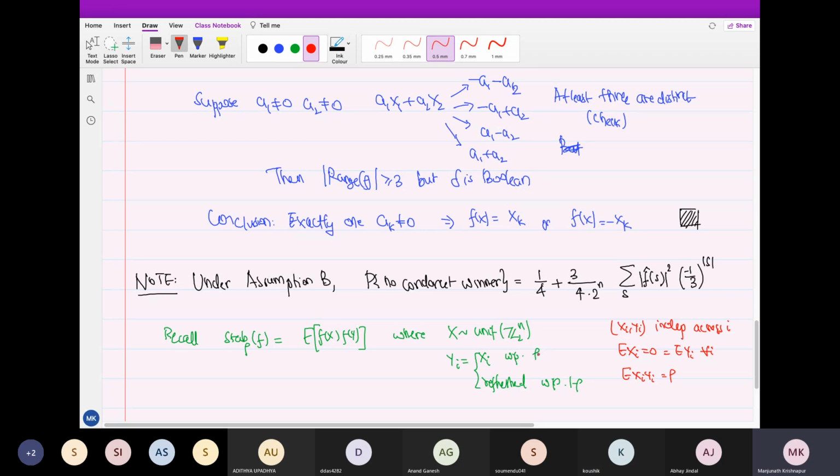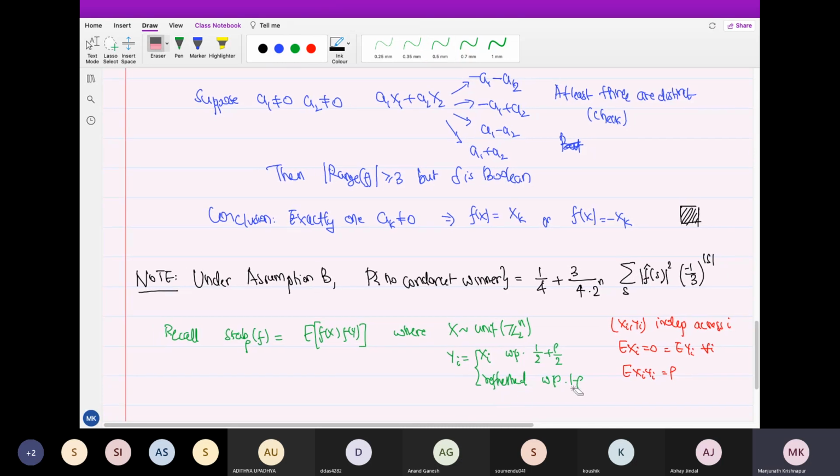Actually, it doesn't make sense because rho can also be negative. So that suggests what it must be. Let's see: is it half plus rho by 2, and half minus rho by 2? Does that make sense?